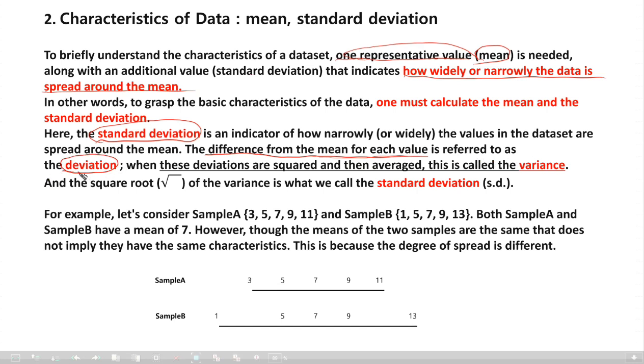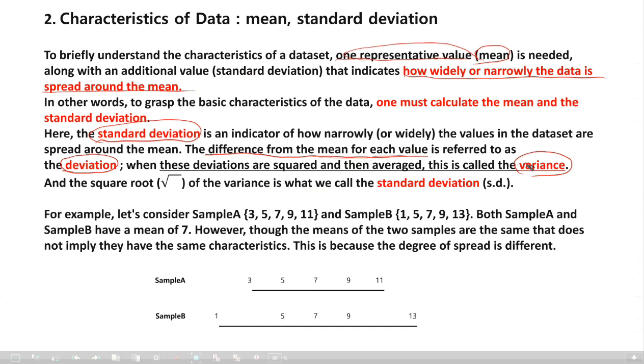And after that, the average of the squared deviations is called variance. I will explain variance later with the example; that's maybe better than sentences. Then the square root of variance is what you call standard deviation. So after you get variance, then you calculate standard deviation.